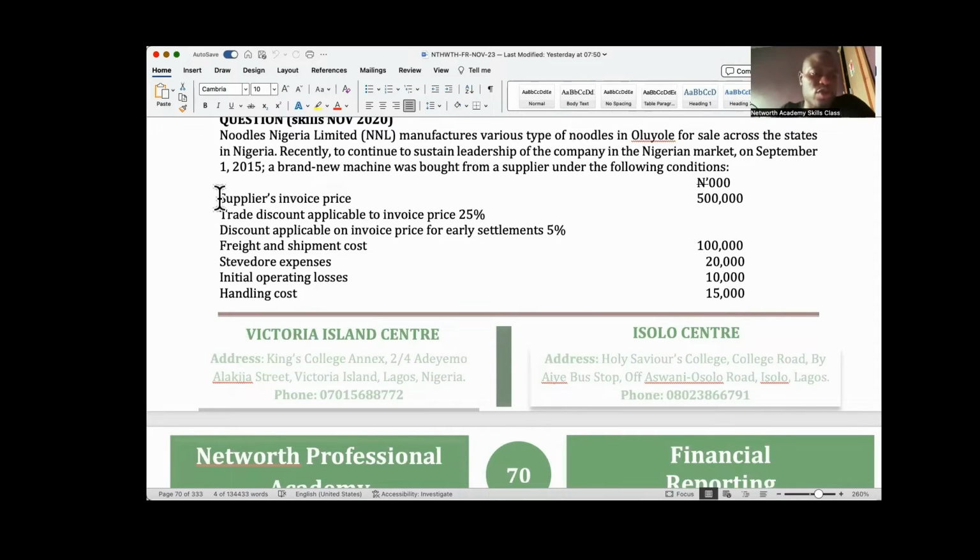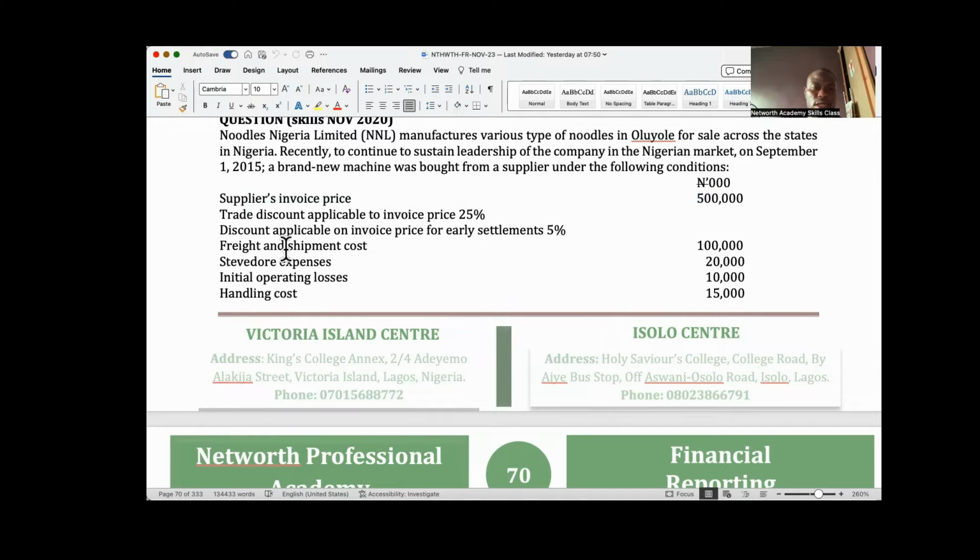Okay, so the first one, you can unmute now so that I just need your yes or no. The first one, supplier's invoice price, 500,000. Will it be added as part of the machine cost? Yes, sir. Okay, that's correct.